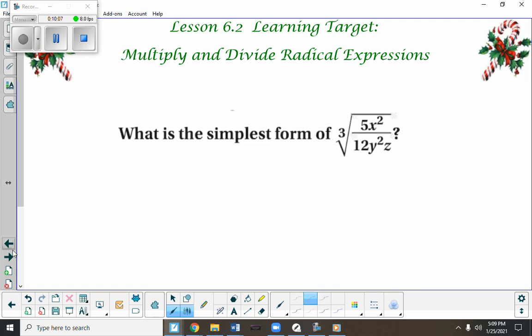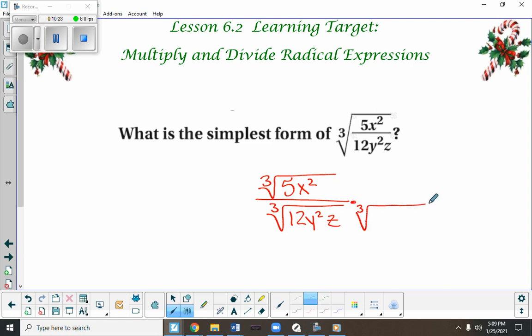Let's do one more of those. So if you look from numerator to denominator, nothing cancels. All right, so we need to have a perfect cube in the denominator. So 12, we look at what does 12 go into? Let's see. Look at your list of cubes, and I'm just dividing. 216, does it go into there? 6 cubed.